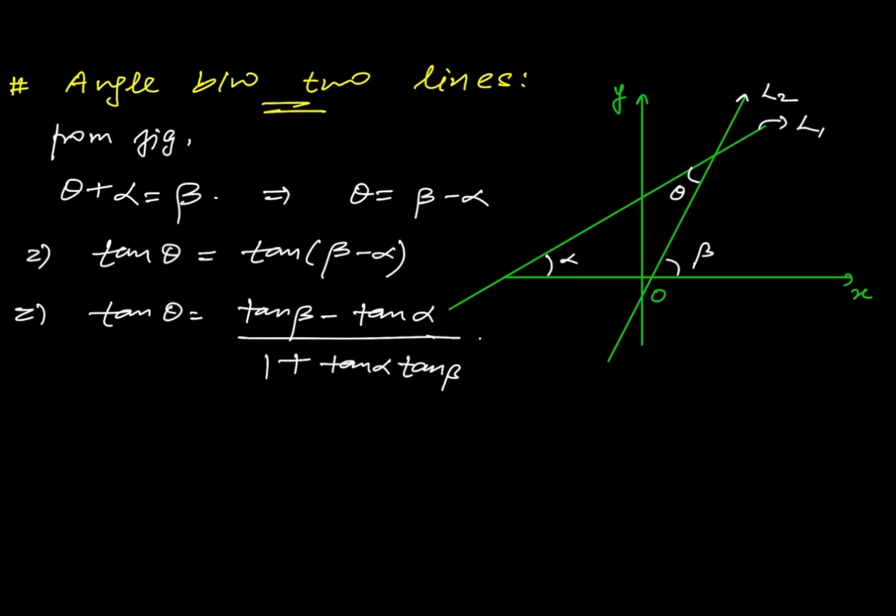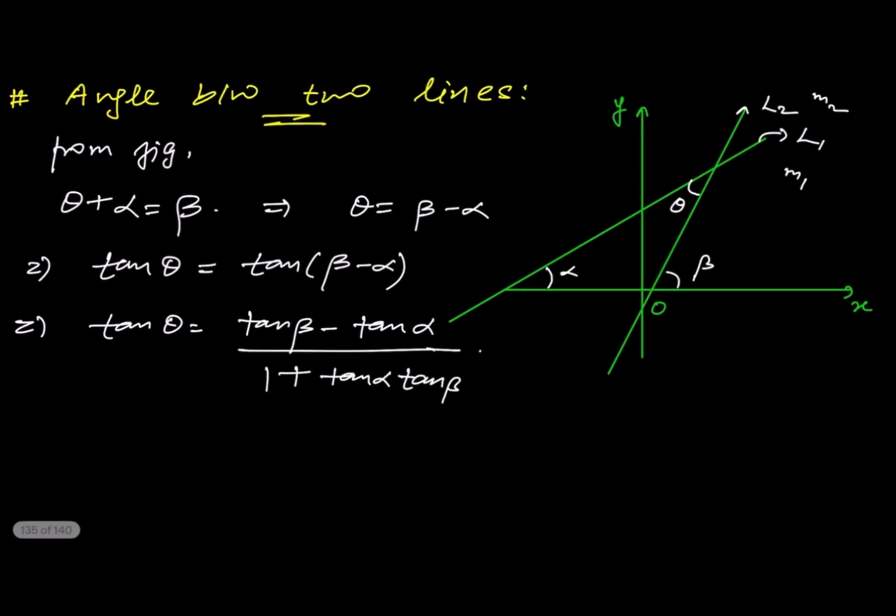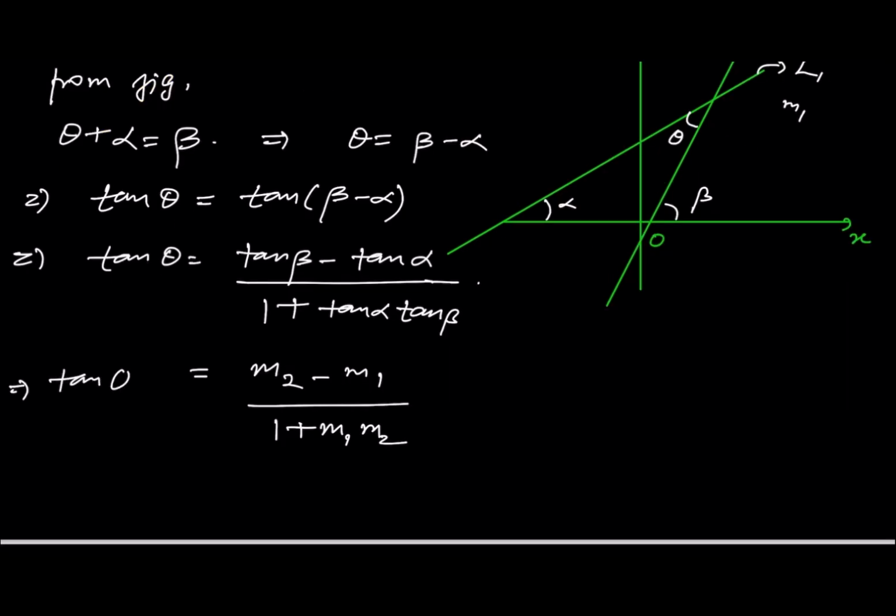Now here tan beta and tan alpha are the slopes of L2 and L1 respectively. Say slope of L1 is m1 and slope of L2 is m2, or you can say m1 is equal to tan alpha, and m2 is equal to tan beta. So here m2 minus m1 upon 1 plus m1 m2 is tan theta.